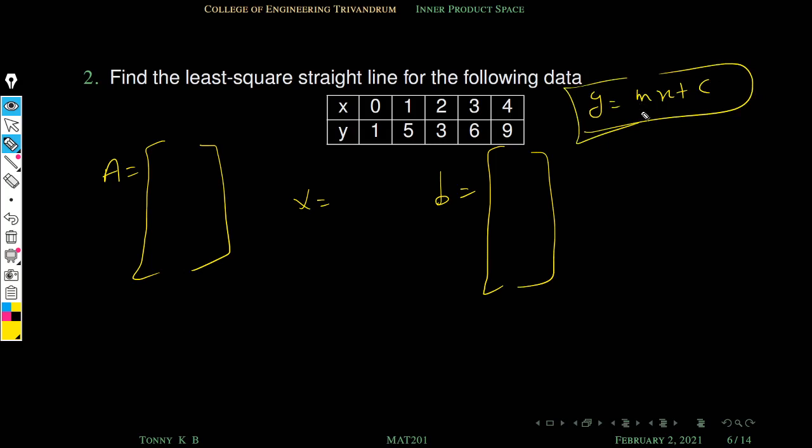So what is A? 0, 1, 2, 3, 4 and 1, 1, 1, 1, 1. This is the A corresponding to the system. And X is m and c, I will write M and C for now. Then what is B? B is 1, 5, 3, 6, 9.